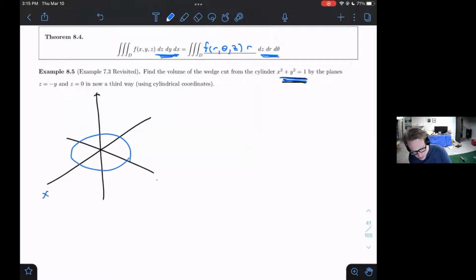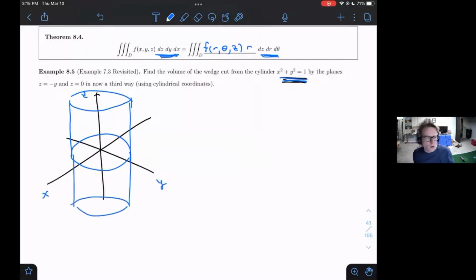If I was just in the xy plane, this would be a circle of radius 1. Notice, however, that it doesn't have any z coordinates, and that's why it's a cylinder. So we can run free with respect to z, and you get this nice toilet paper roll that takes that circle and moves it freely in the z direction.